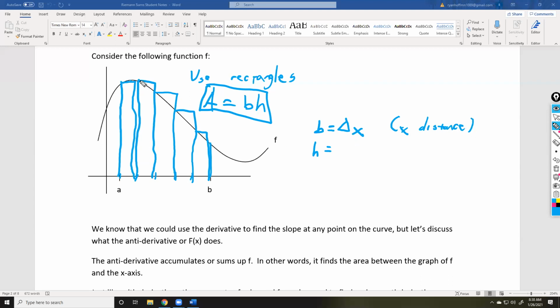And then the height is going to be our y coordinate. Usually we use f of x to stand for the y coordinate. And we are going to add these together for each of our rectangles that we have.